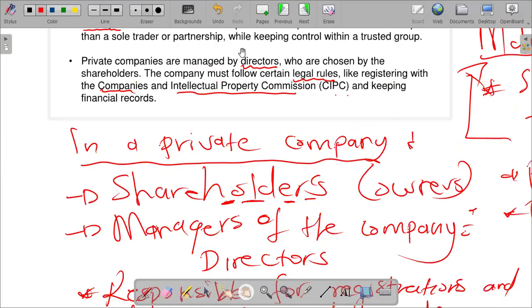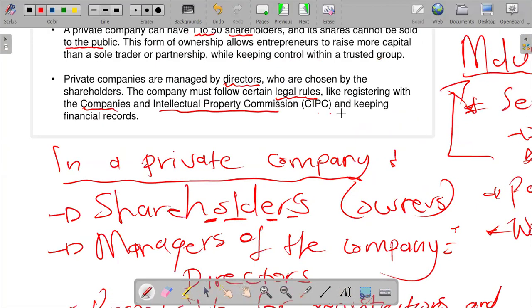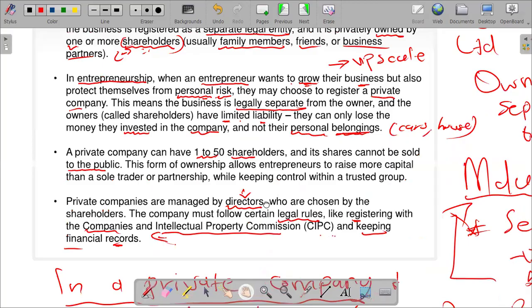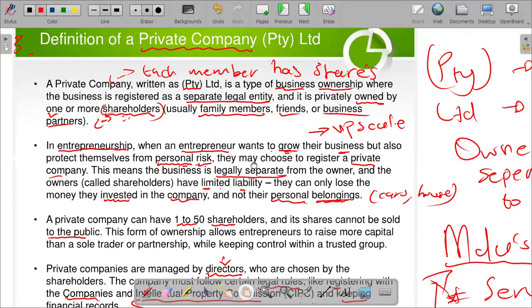So this job is for the directors, registering with the CIPC and keeping financial records. The shareholders will hire the directors to do these jobs. All right, so that's the whole definition of a private company.